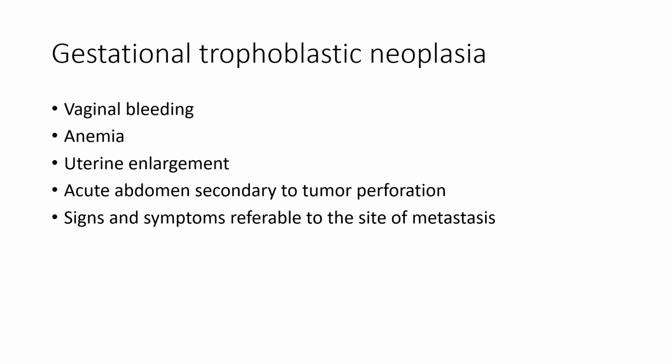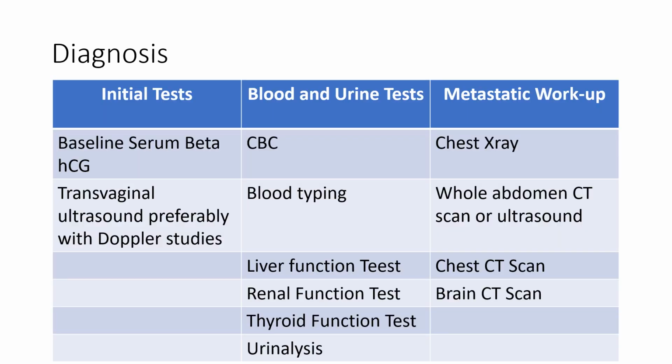For GTN, it also presents with vaginal bleeding, anemia, uterine enlargement, and acute abdomen which may be secondary to tumor perforation, and signs and symptoms referable to the site of metastasis. Diagnosis would include initial tests of baseline serum beta HCG and transvaginal ultrasound with Doppler studies.